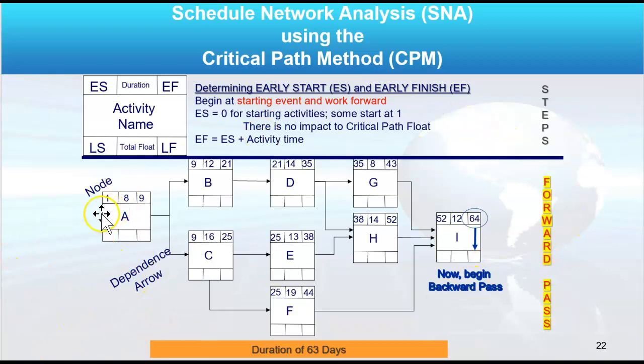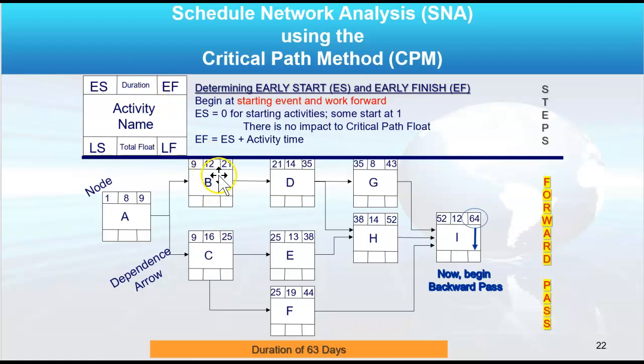You start at node A, which maybe starts on day 1. You can define that day 1, day 0, doesn't matter. It has an 8-day duration, so the early finish, see early finish up here, would be day 9. If A ends at 9, then B and C can both begin on 9. Well, B has a duration of 12 days, right? See the duration up here?